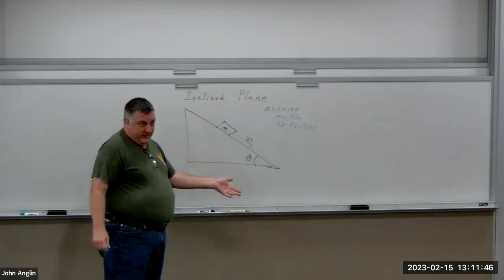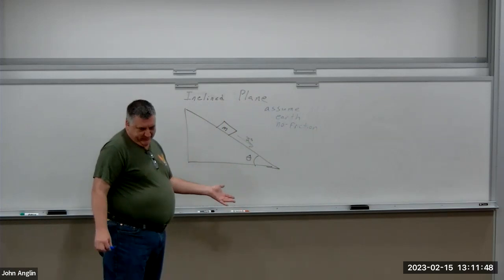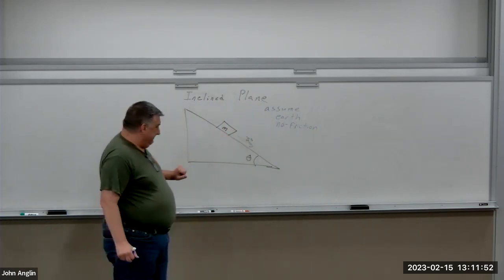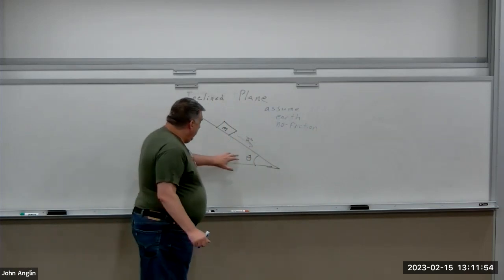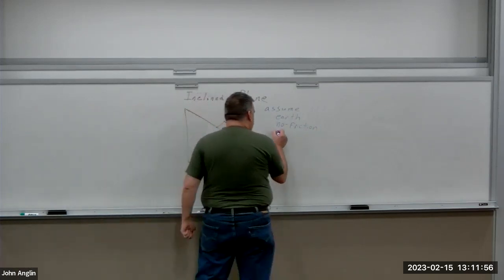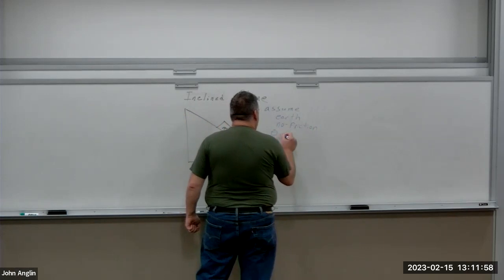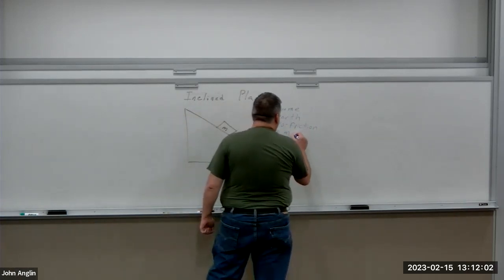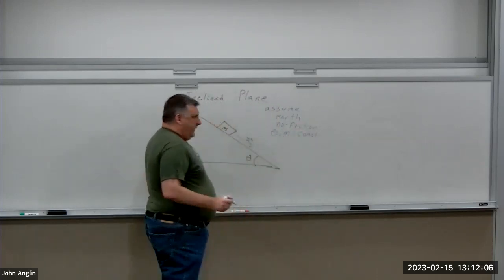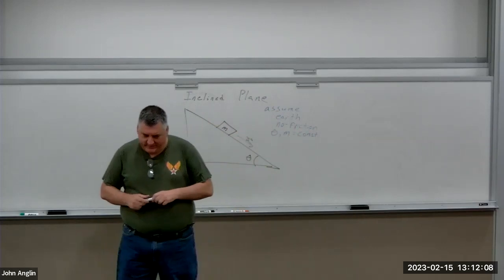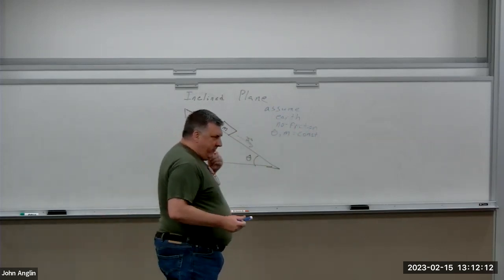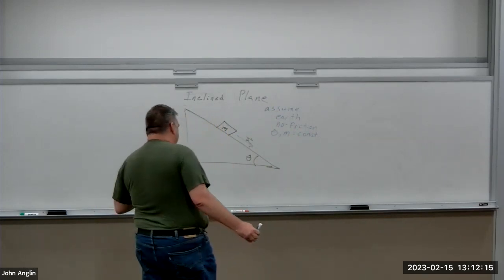It's not rolling. There's no air resistance. So we're going to take all that out of the equation. We're going to assume theta is a constant, as is the mass of the block. In other words, the ramp does not change angle over time, and the block does not gain or lose mass as it slides down the hill.